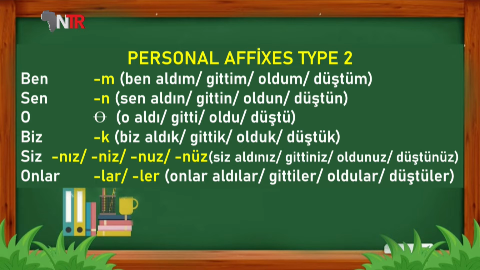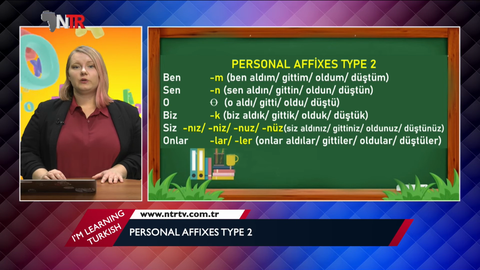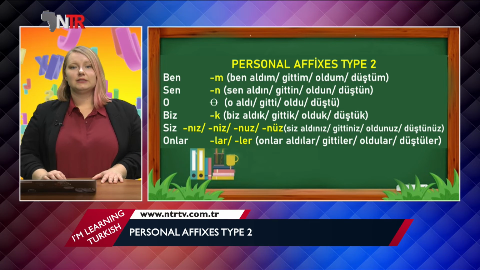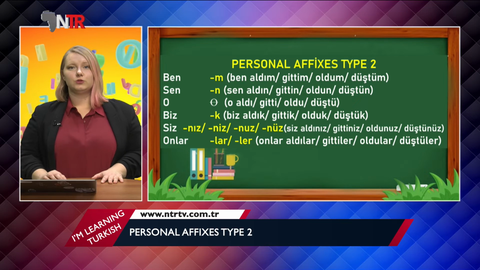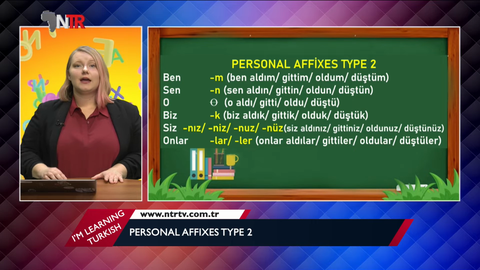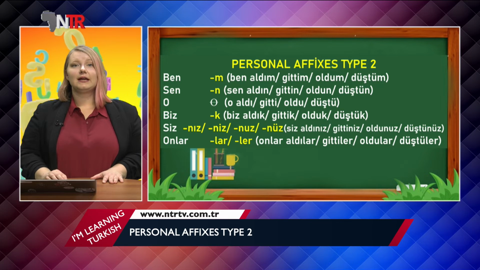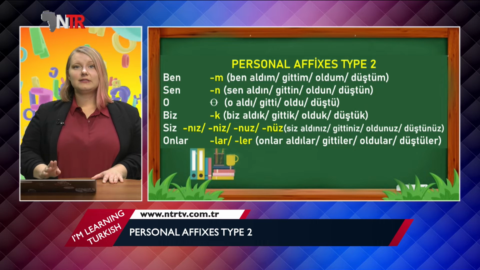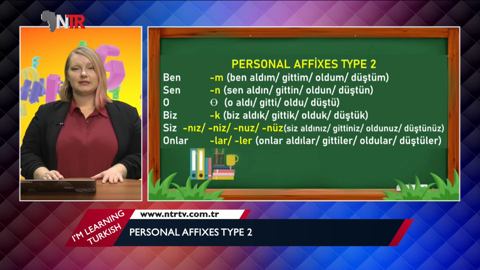If he, she, or it did something, we are not adding anything, as always. So it will be o aldı, o gitti, o oldu, o düştü. If it's us who did something, we will only add k. And this is the strangest thing in all those personal affixes.